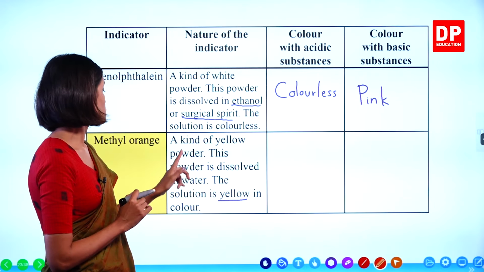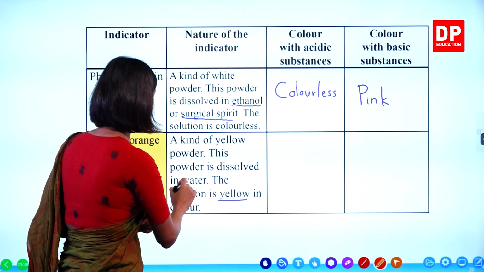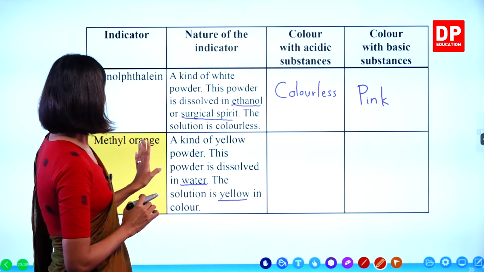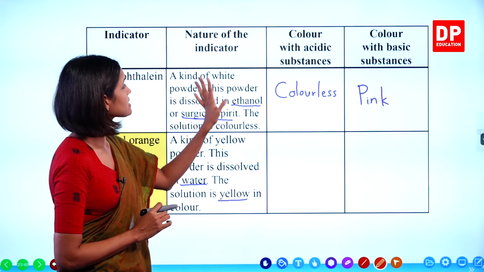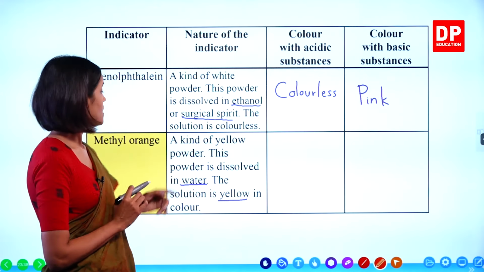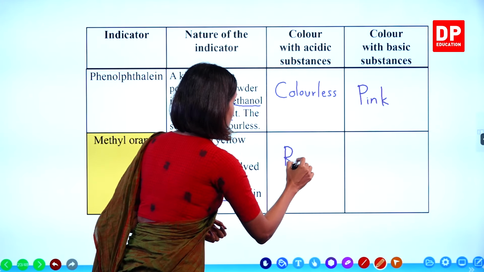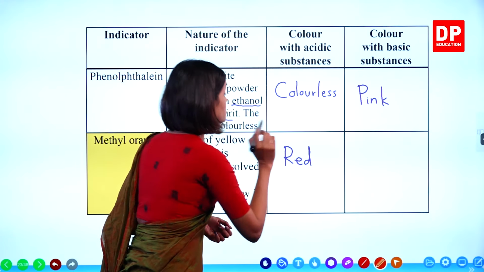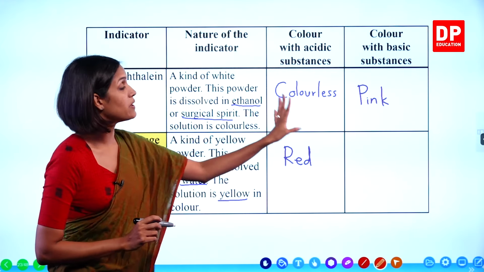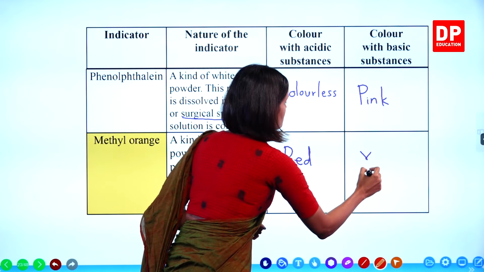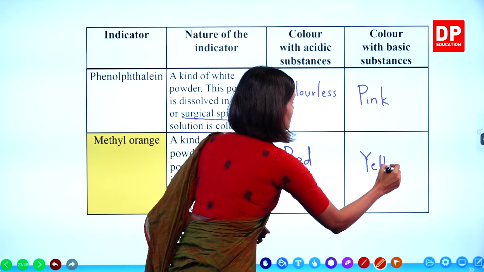Okay children, you should dissolve it in water in order to prepare the solution. So here methyl orange, what is the color with acidic substances? Methyl orange turns red color with acids, and with bases it is yellow in color.